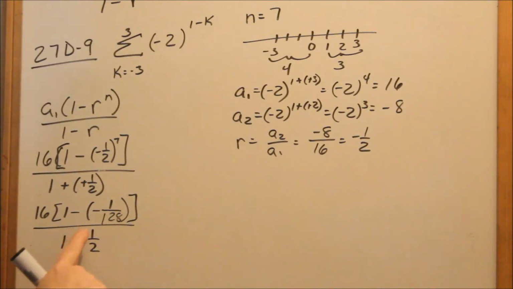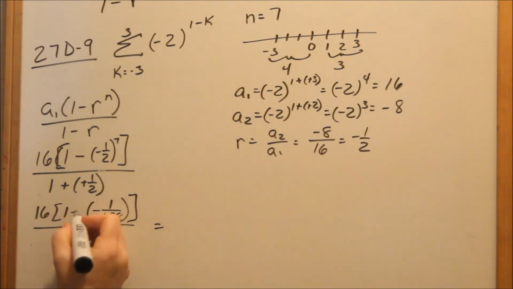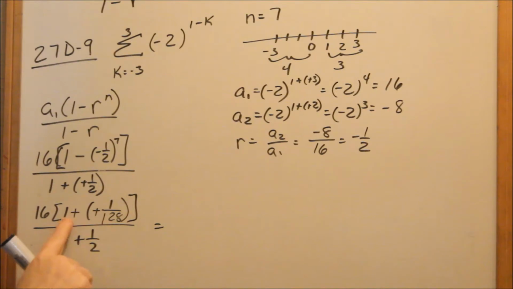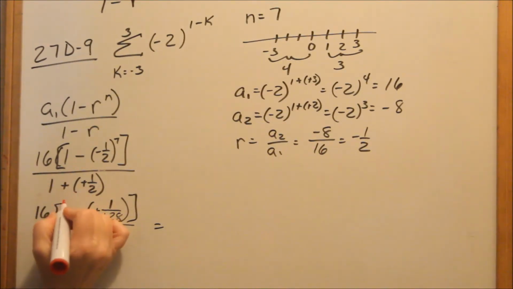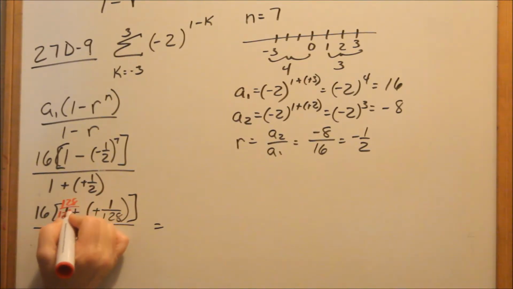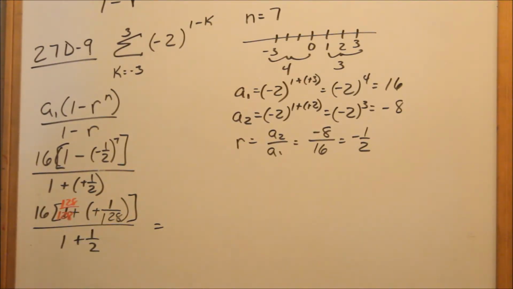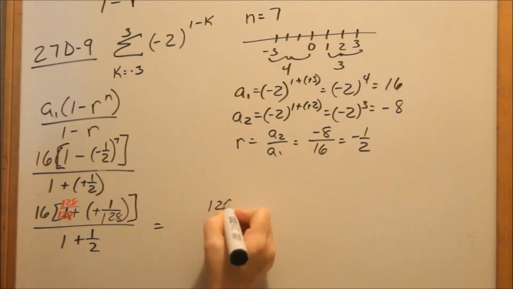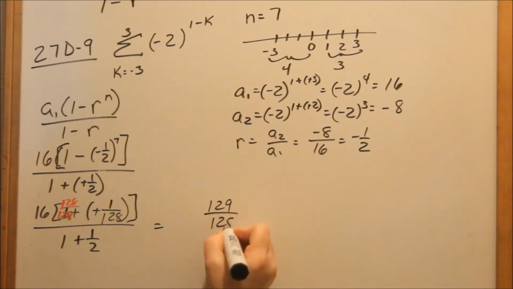So in our numerator, minusing a negative is going to be a positive. I have 1 plus 1 over 128. I've got to make common denominators. So I can change this 1 into 128 over 128, because the denominator needs to be 128. Now adding these fractions together, adding the numerators, 128 plus 1 is 129 over 128.